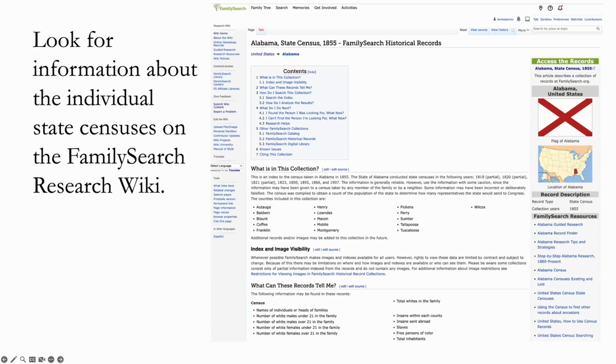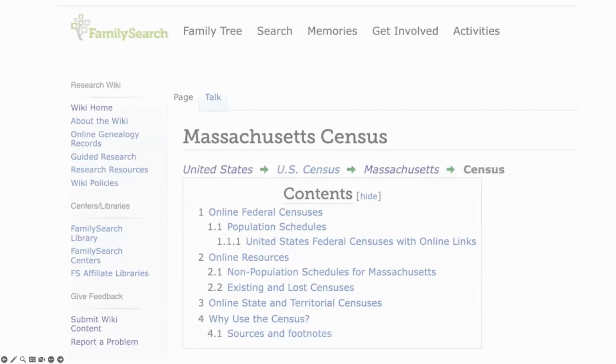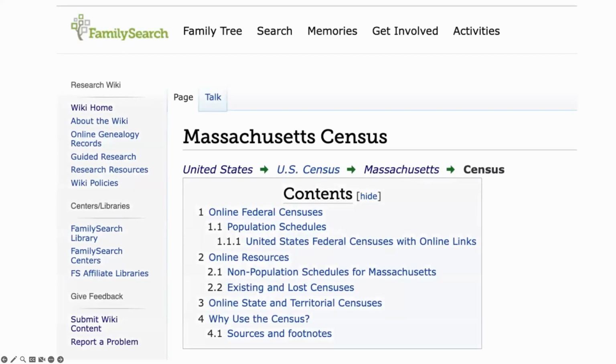Then we need to know whether the county that we're looking in is the county that was in existence at the time that census record was being taken. So this is the information we basically need in order to understand where and how to get this information.